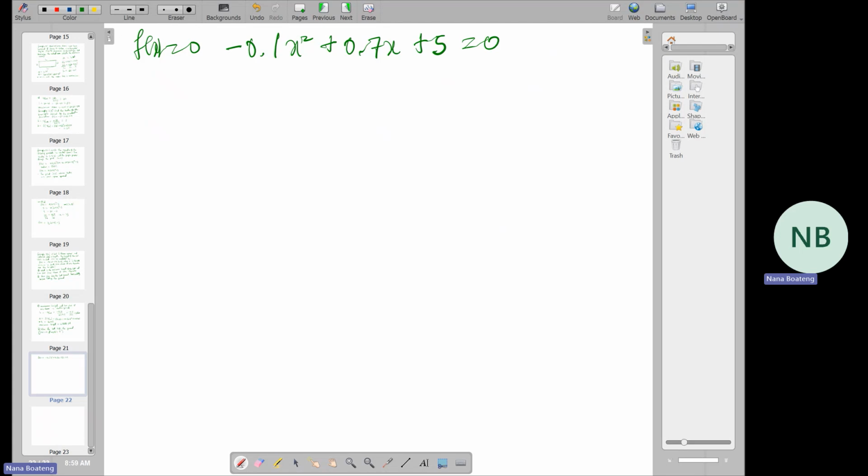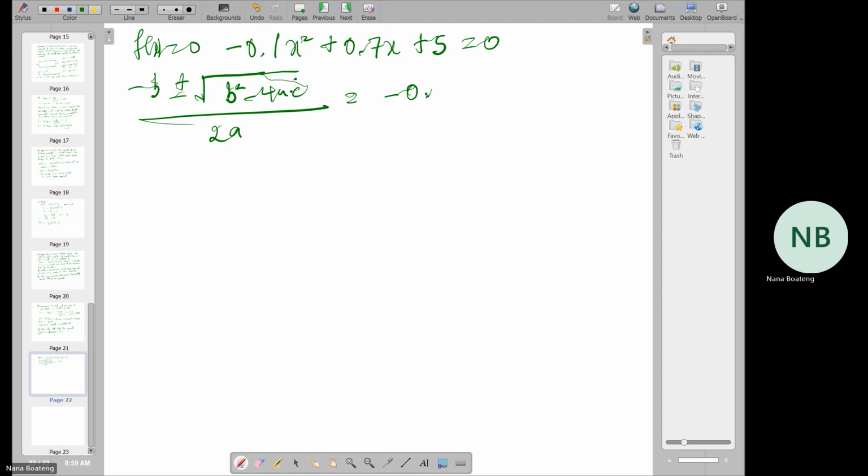So minus b plus or minus the square root of b squared minus 4ac, divided by 2a, is equal to negative 0.7 plus or minus square root of 0.7 squared minus 4 times a, which is negative 0.1, times c, which is 5.